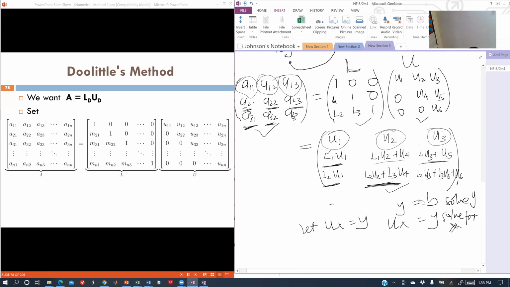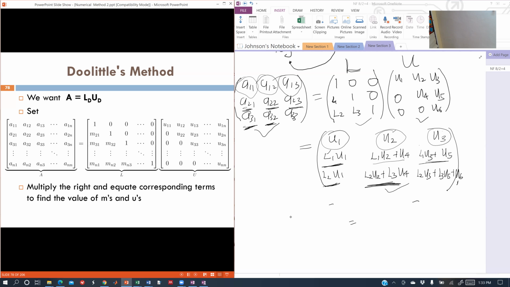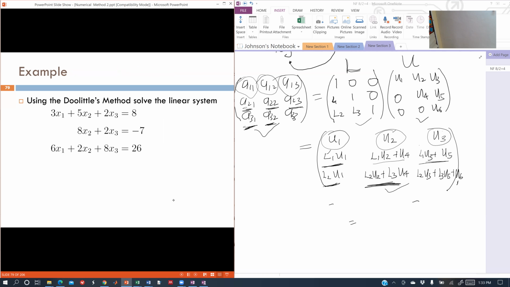The Doolittle decomposition. So let me take a simple example and then we'll use it for the Doolittle decomposition. This example is what I'm taking, and I'm going to solve the system.